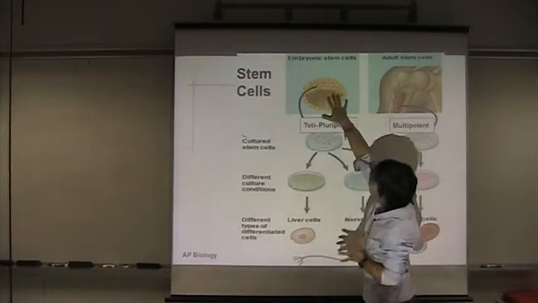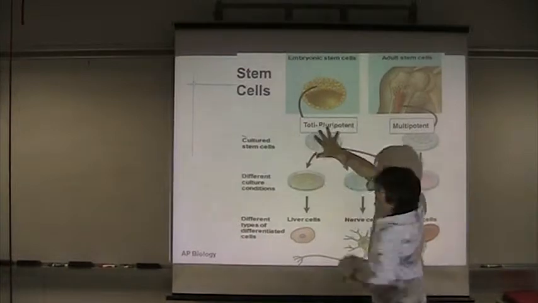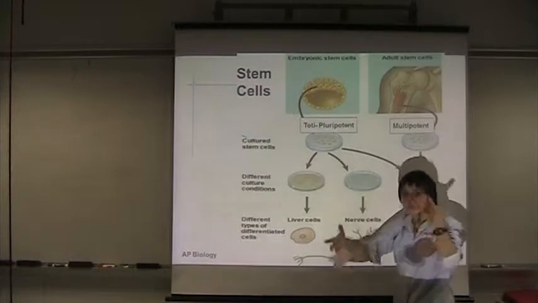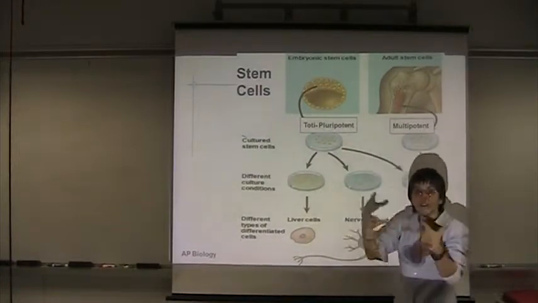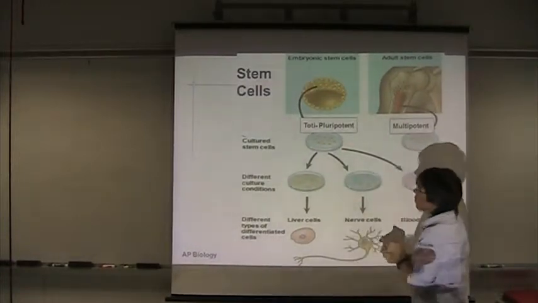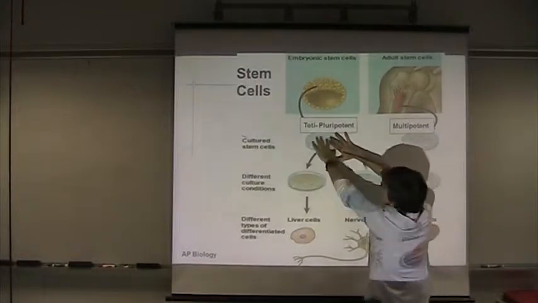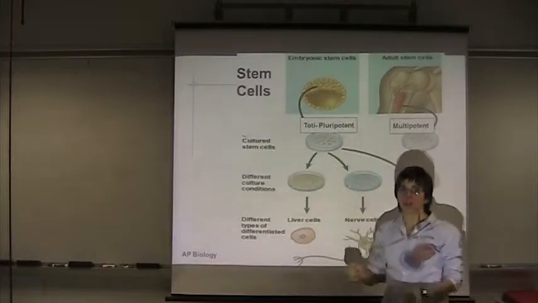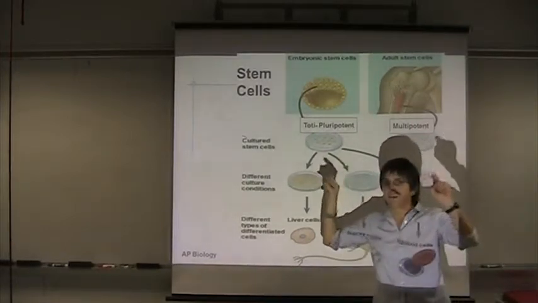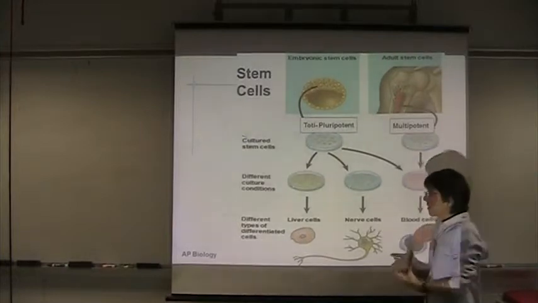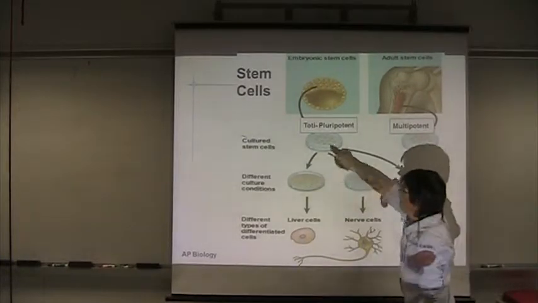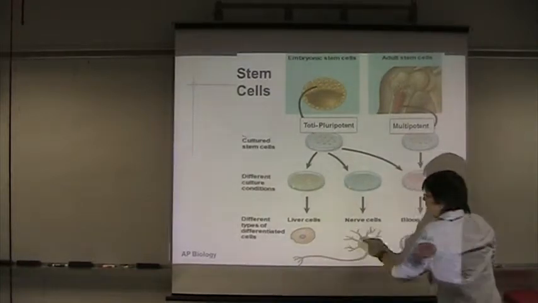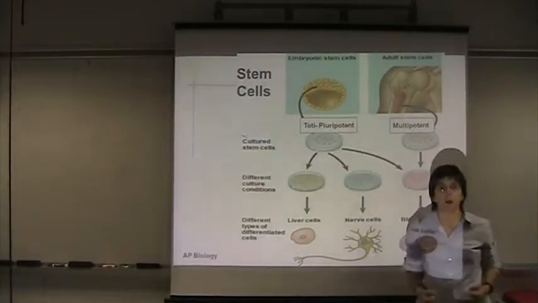If I remove these cells from the blastula and spread them in a petri dish with the nutrient medium that they need, with glucose and amino acids, all the stuff they need to keep growing and performing their life functions, and I give them different signals, I introduce different molecules, different transcription factors, different proteins, different hormones, I can make these cells become pretty much every cell that I want.